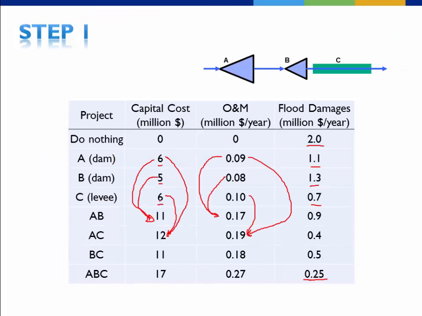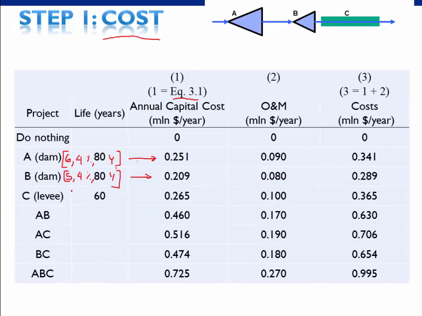And for levees, this costs 6 million, the same interest rate, but in this case, the life expectancy is 60 years. So you plug this into equation 3.1 and this is what you get. Okay? Now, once you have these three numbers, what is the annual capital cost of this?